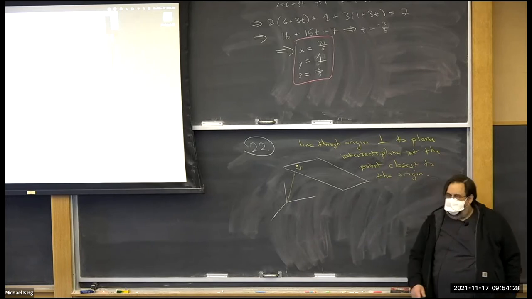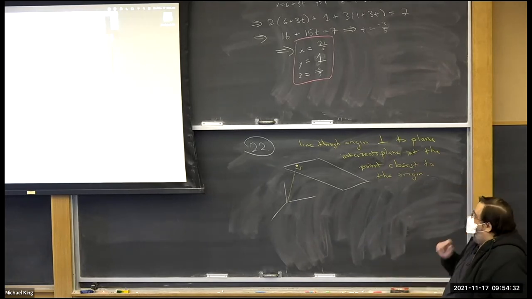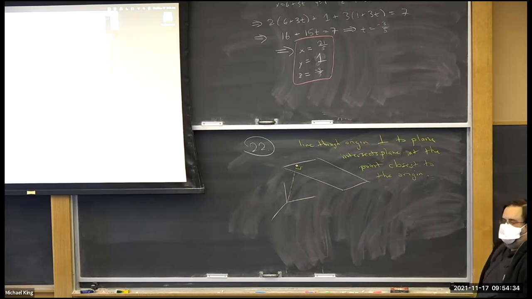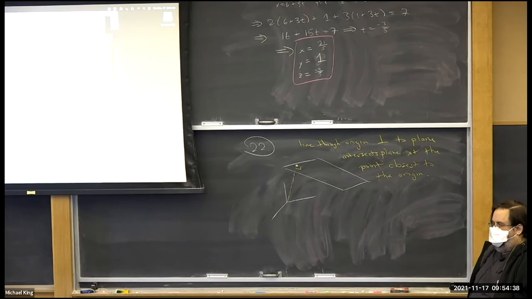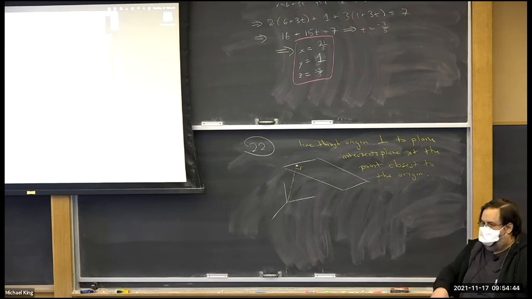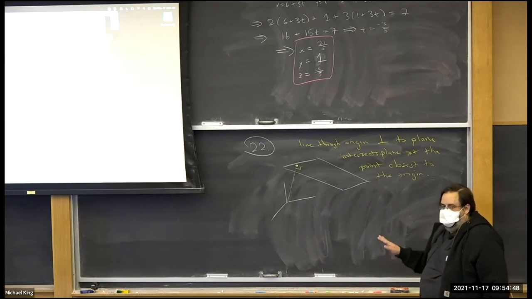So just because we're running low on time, 22 about the line, this point on the plane closest to the origin problem we've solved in multiple ways, because we could also solve it. You're minimizing x squared plus y squared plus z squared, and you could eliminate a variable and solve it as an optimization problem for a function of two variables.